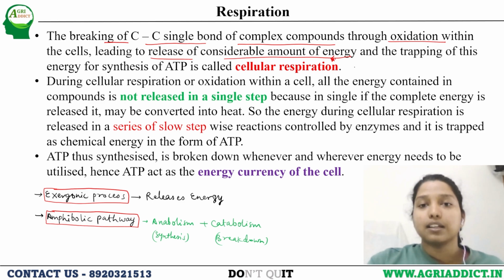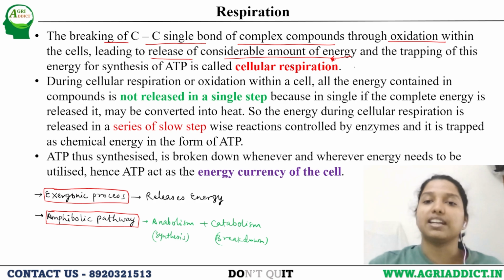Here complex compounds are broken down into simpler compounds, and in this process a large amount of energy gets released. The trapping of this energy is for the synthesis of ATP. Here this energy will be used to synthesize ATP, that is adenosine triphosphate, the energy currency of the cell, and this process is known as cellular respiration.